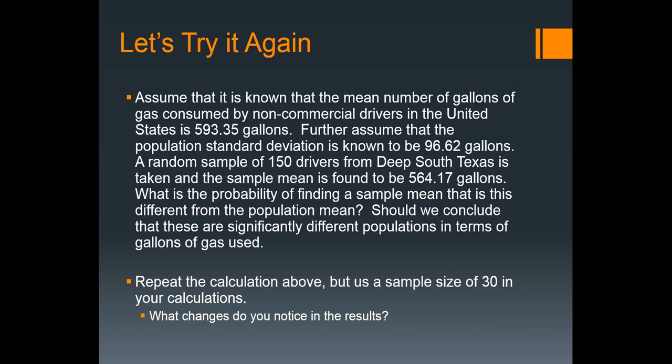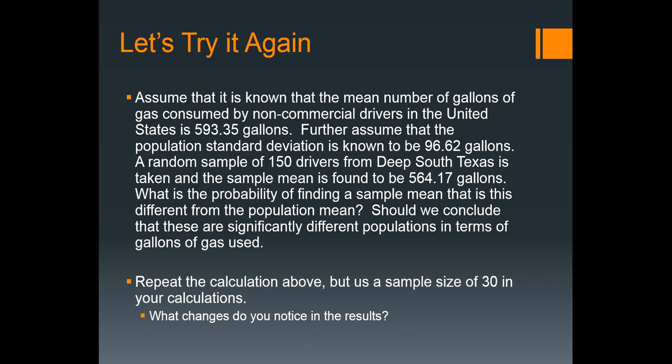A random sample of 150 drivers from deep South Texas is taken and the sample mean is found to be 564.17 gallons. What is the probability of finding a sample mean that is this different or discrepant from the population mean? Should we conclude that these are significantly different populations in terms of gallons of gas used?